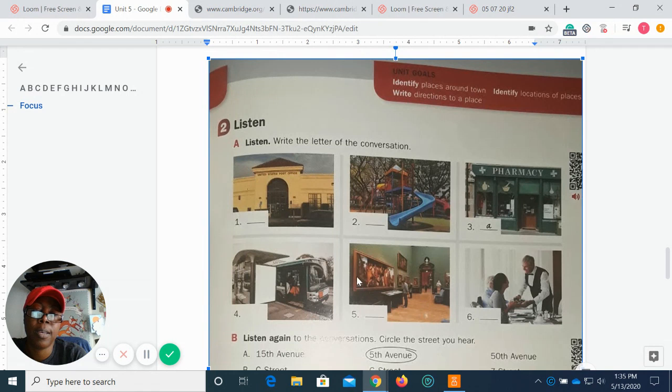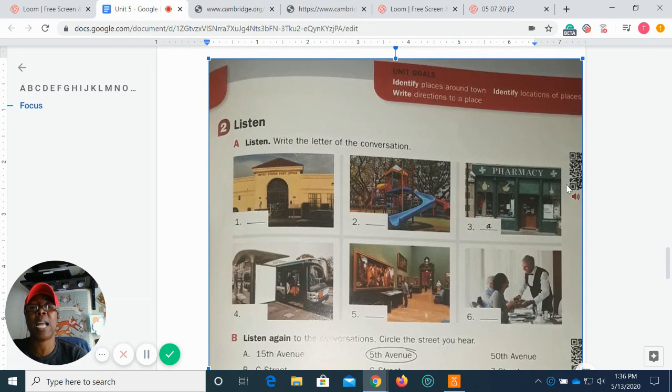You see large pictures, people walking around, looking at pictures. This is a museum. And then we see a waiter, so it looks like we're at a restaurant, I think.